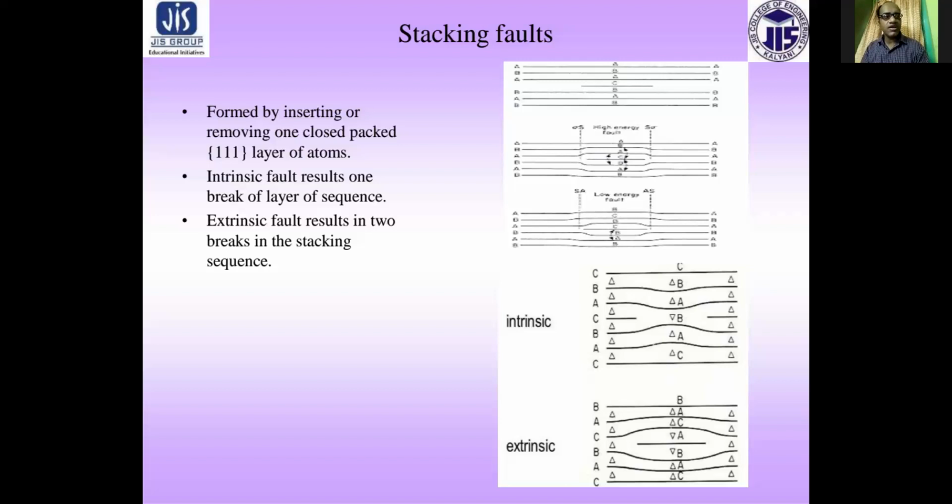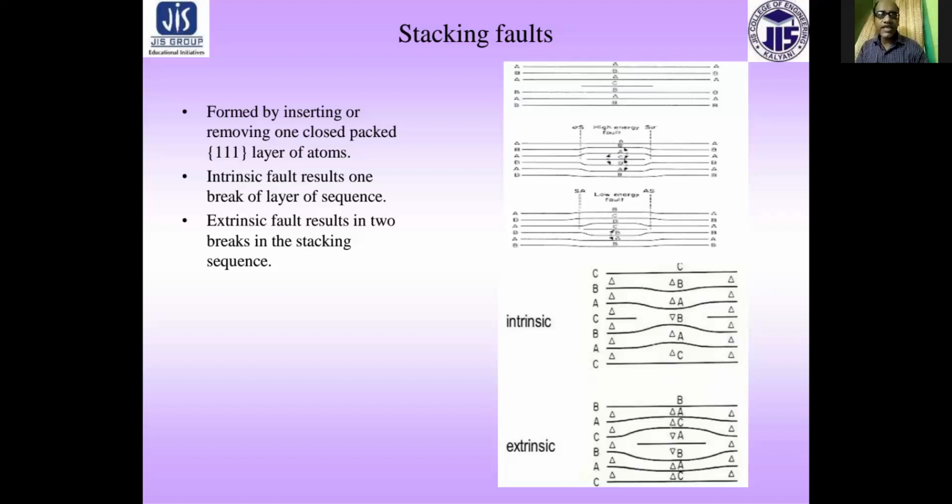Stacking of the third plane is in such a manner that any one atom from the third plane occupies a common interstitial site of the first two planes. The fourth plane is stacked similar to the first, the fifth plane similar to the second, and the sixth plane similar to the third, and so on.